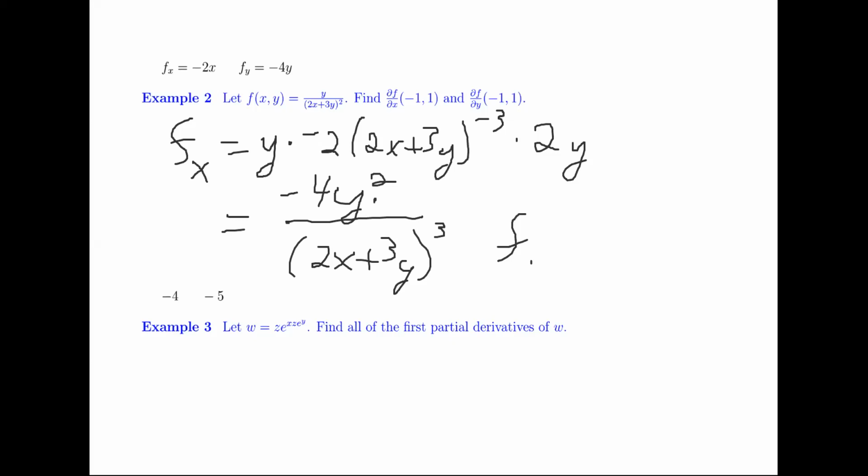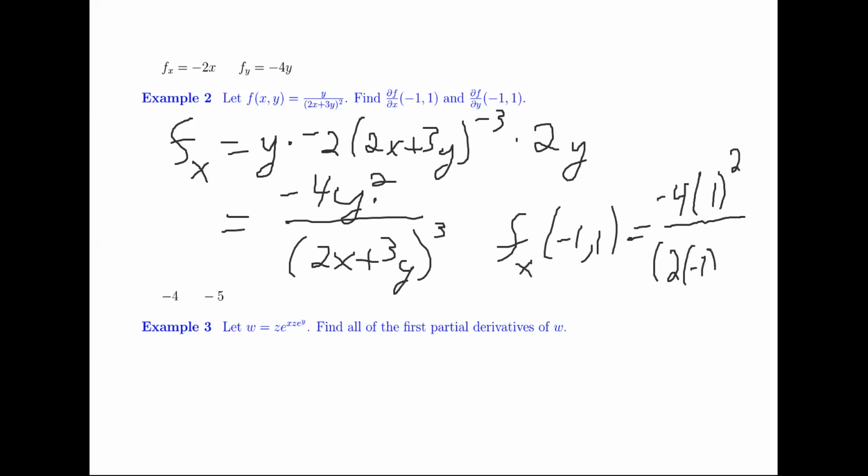So f sub x evaluated at negative 1, 1, we just plug in negative 1 and 1 for those values. So we get negative 4 times 1 squared all over 2 times negative 1 plus 3 times positive 1, all of that cubed. So this is negative 4 over 1 cubed, which is 1, so we get negative 4.